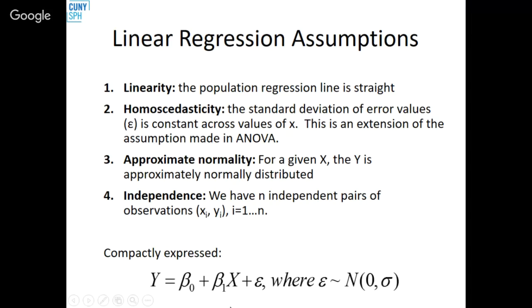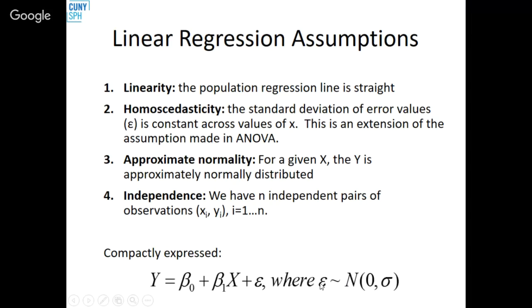One way to express this very compactly is by writing out our regression equation and then saying that the errors are distributed, and in fact, there's a little something missing here. This is often written above the little tilde here, IID, or independent identically distributed.